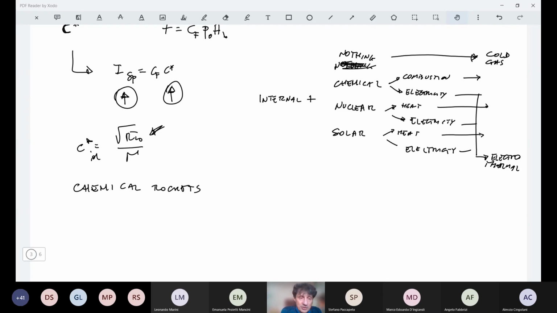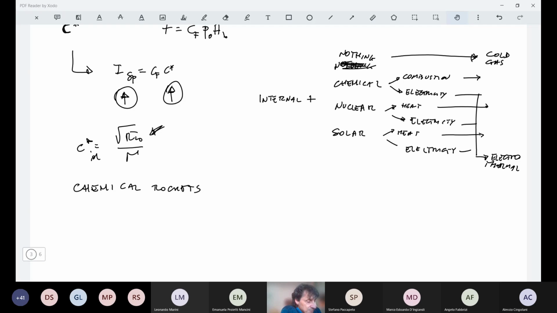Anyway, we are used to exploiting chemical energy or chemical reactions to have high temperatures, to have combustion in many applications on Earth. And so, of course, this has also been the first kind of energy that was supposed to be used for rockets.